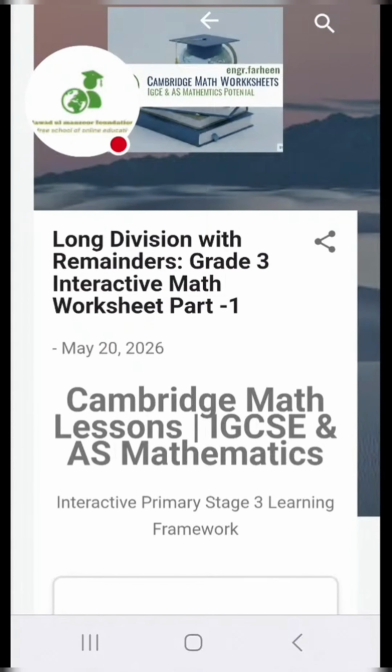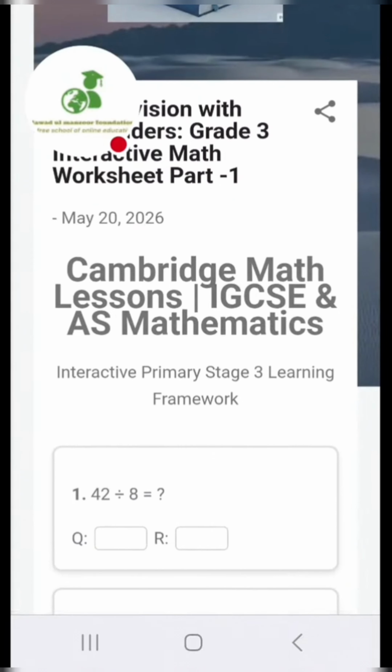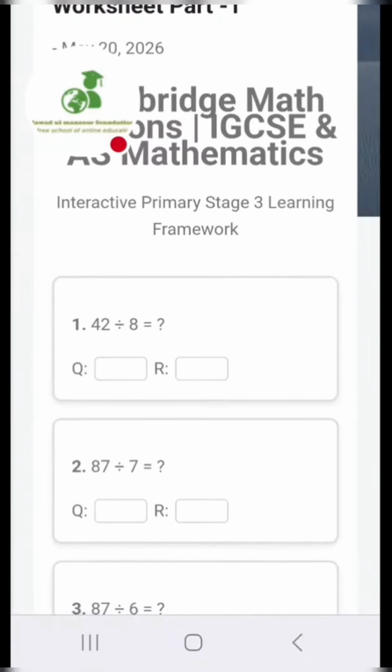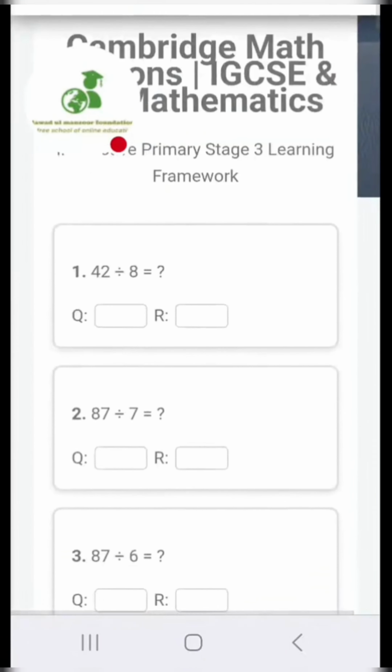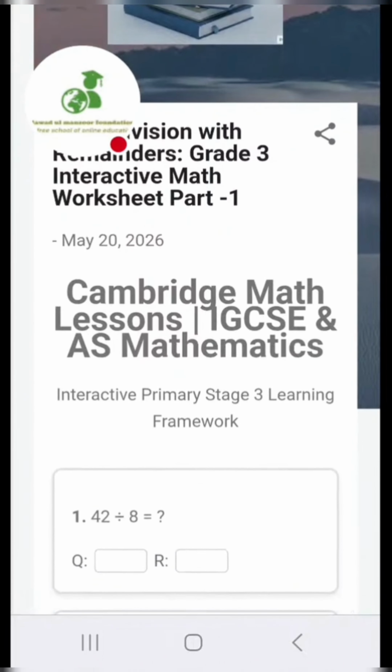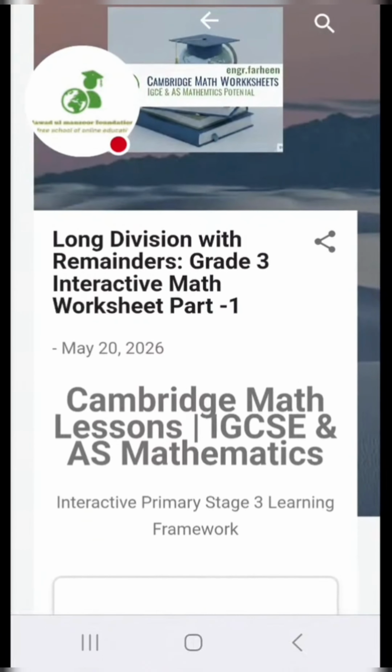You will solve the question in your copy, manuscript, and write the answer in the worksheet. Alright, so we are starting without wasting our time. We should start our lesson very fast. This worksheet is helping you, the long division worksheet with reminders.